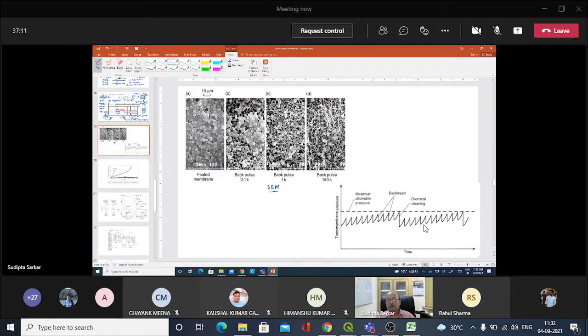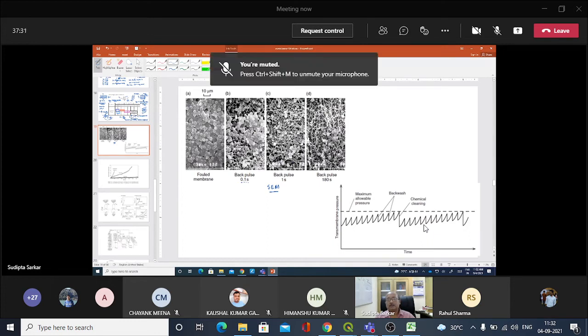Now, if you do a back pulse or backwashing, fine, some of the particles will get dislodged. Normally if you have a back pulse of 0.1 second, this is the scenario. Now you can do a back pulse of 1 second, and you can see this is the scenario.